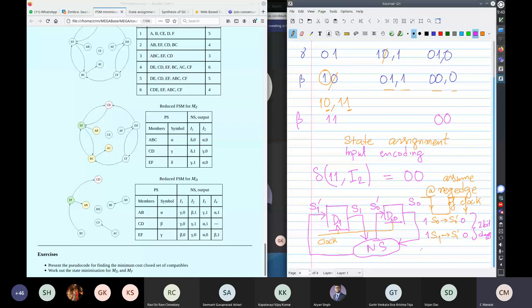So the actual transition, let me put it in one line. Maybe it was 1 1 and then it became 1 0 and then it became 0 0.